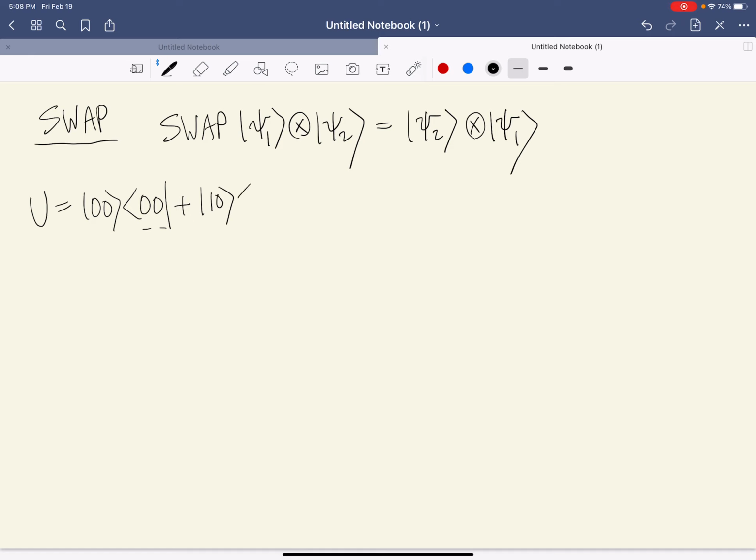However, the swap operation acting on |0,1> will return |1,0>. Swap operation acting on |1,0> will yield |0,1>. Swap acting on |1,1> will yield |1,1>.